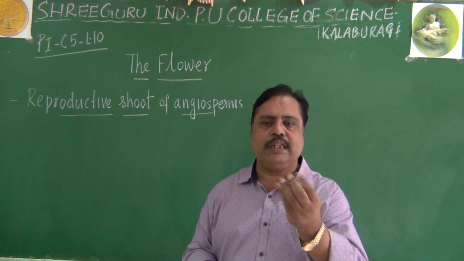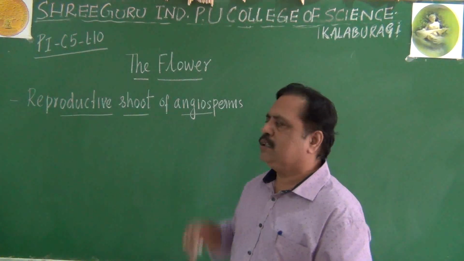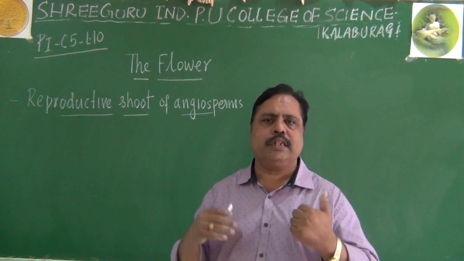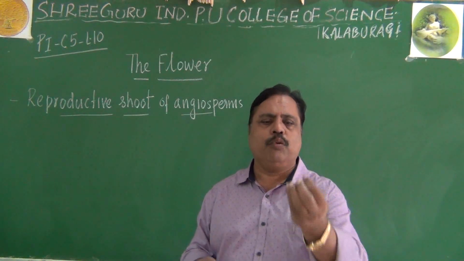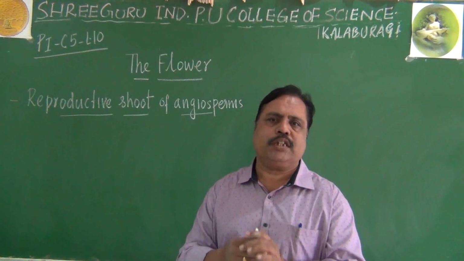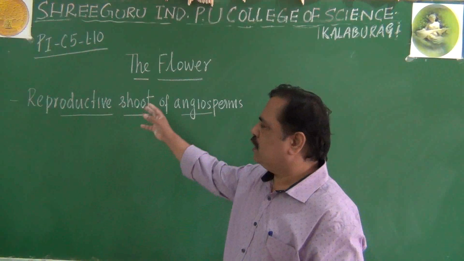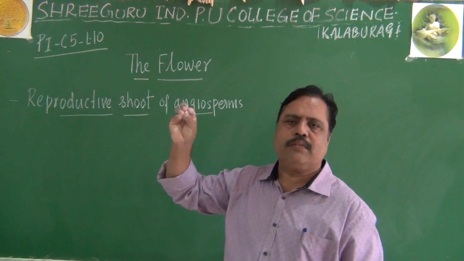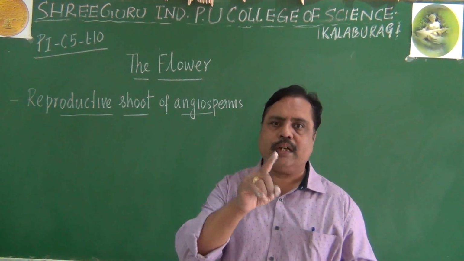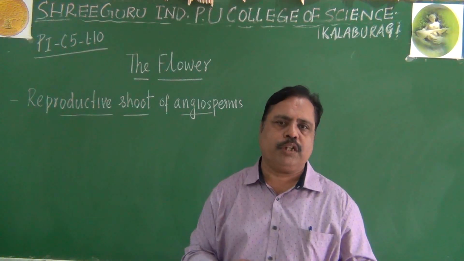It is the most fascinating part of the angiosperm. It occurs in different colors, different shapes, and more beautiful, wonderful structures also. Such a structure, the flower, is very much useful for the angiosperm for the sake of sexual reproduction.